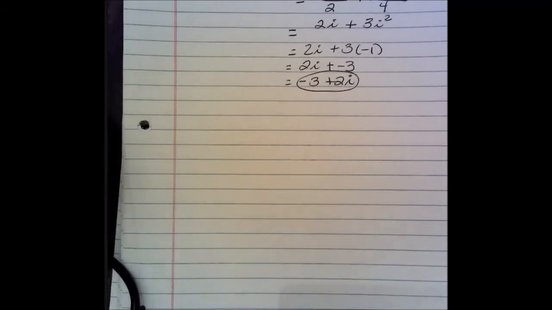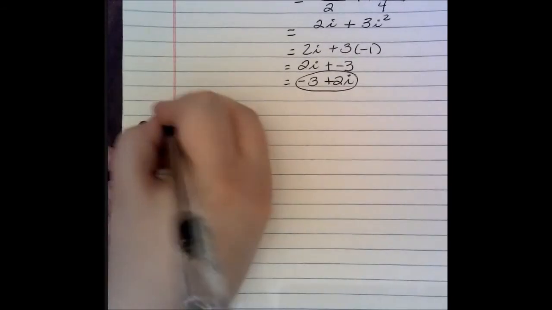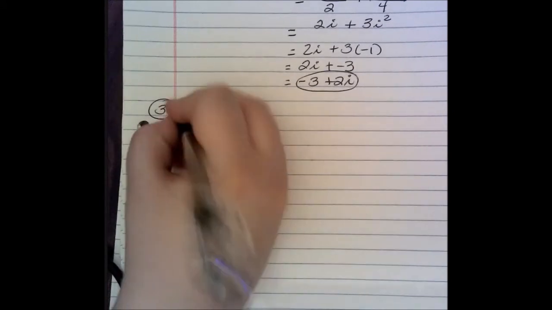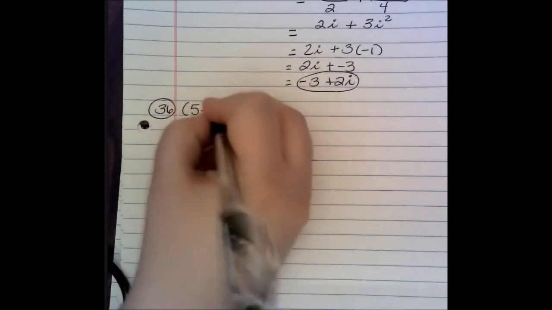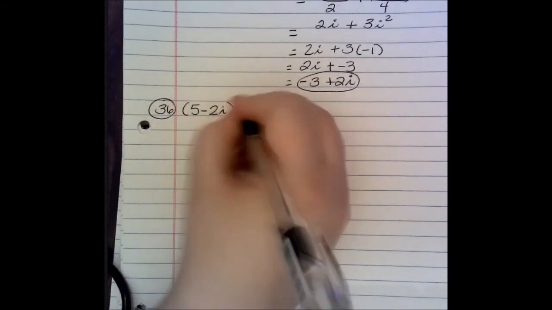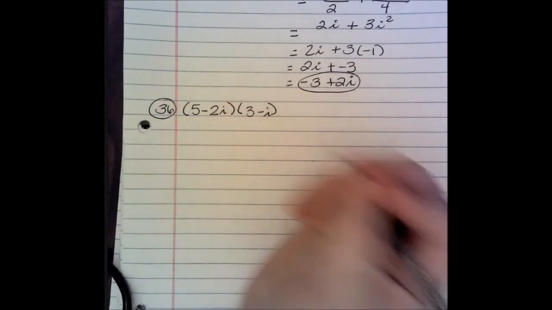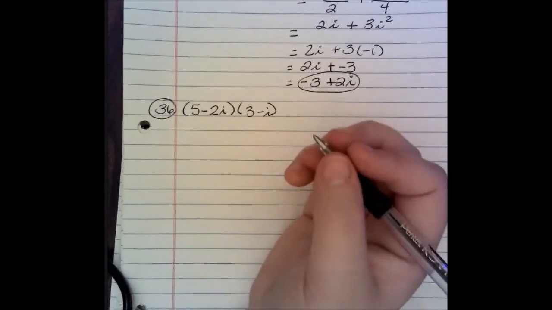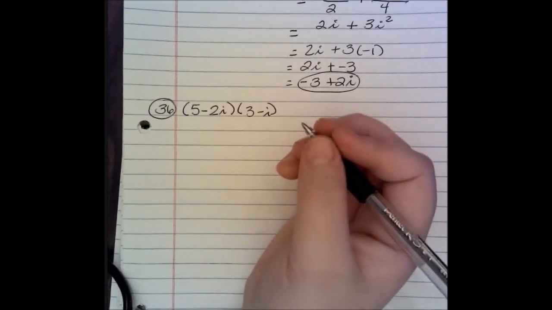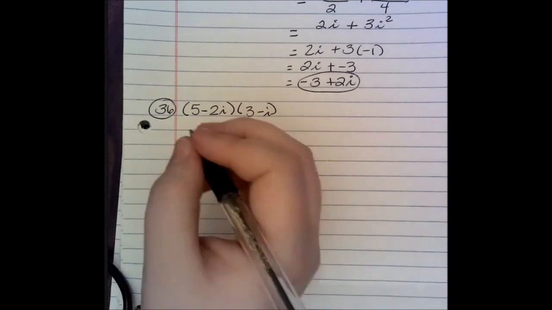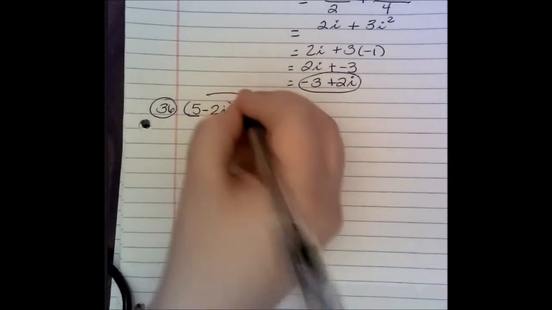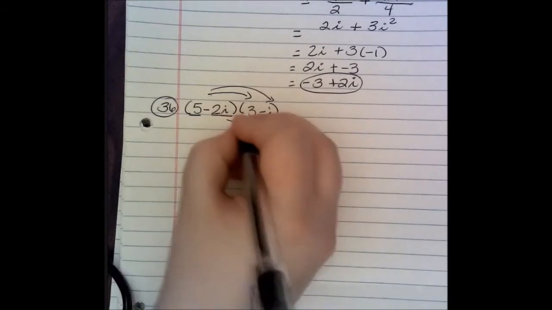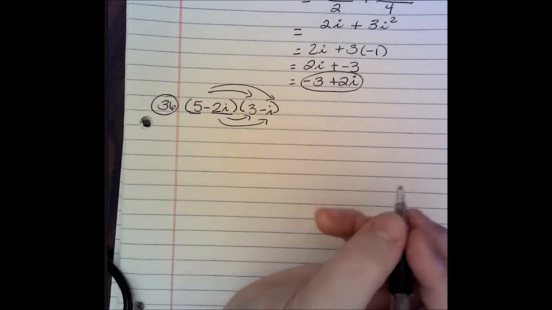Moving on to problem number 36. They have switched it up on us again. We get 5 minus 2i times 3 minus i. So this is still your distributive property that we've been using for the last 4 problems, except we are going to multiply this. 5 times everything in that second set of parentheses, and that -2i times everything in that second set of parentheses.